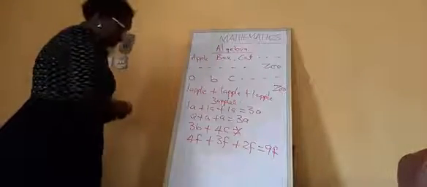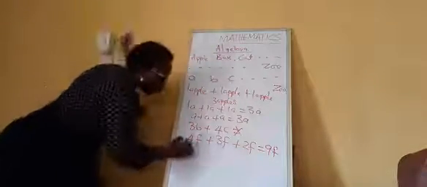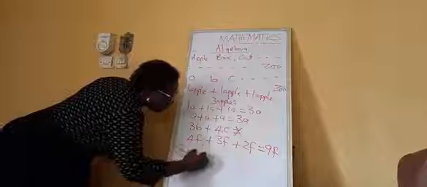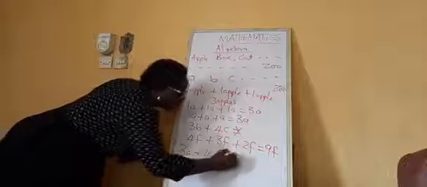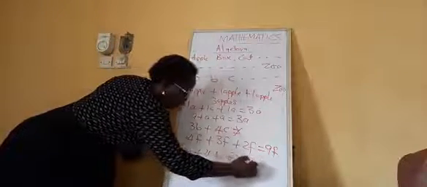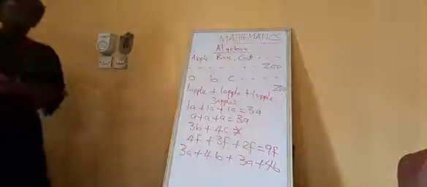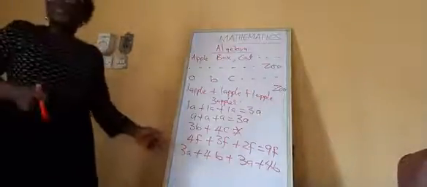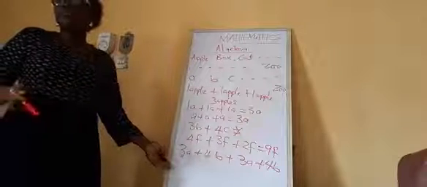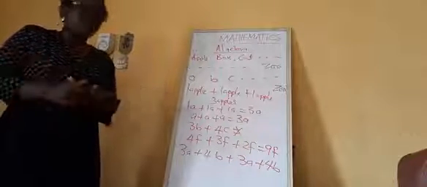Now, when you have 3A plus 4B plus 3A plus 4B, before you can solve a problem like this, you try to collect like terms.